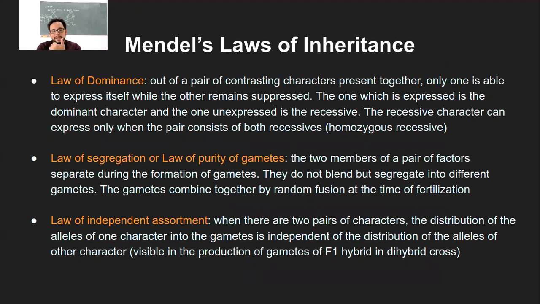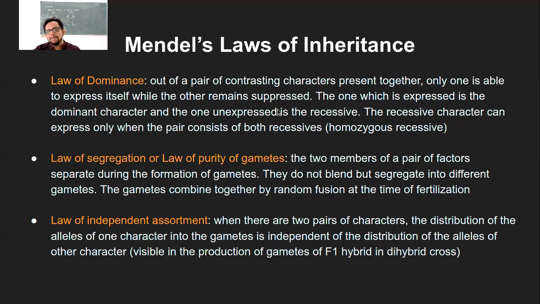The first one is the law of dominance, which means out of a pair of contrasting characters present together, only one is able to express and the other one remains suppressed. That we already know in the heterozygous individual, and the one which is expressed is called dominant, and the unexpressed one is called recessive. And that is the law of dominance.